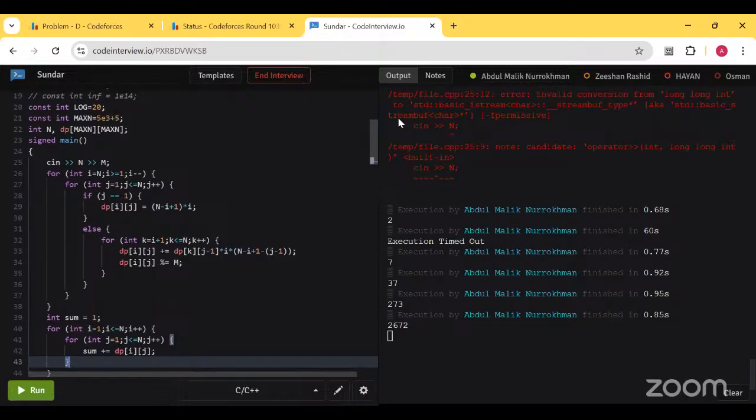Any other thing we need to do? Yes, that's correct. The complexity is still n cubed. You know, this is for n, for n, for n.